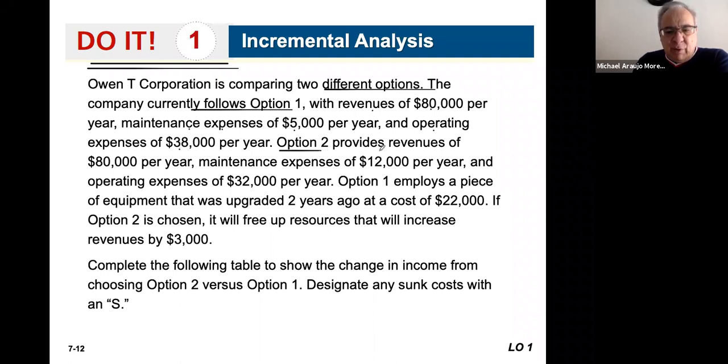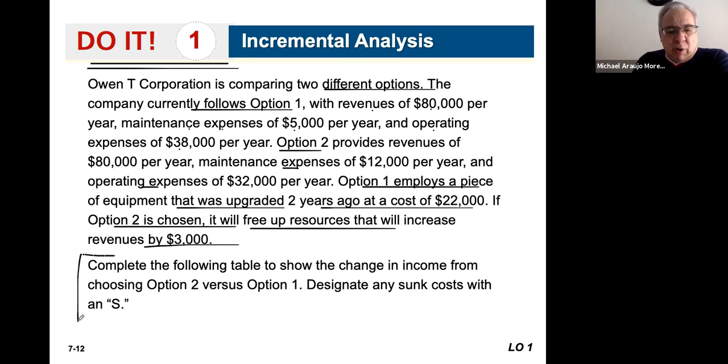Option two, however, would provide revenue of 80,000, maintenance of 12 per year, operating expenses of 32 per year. Option one employs a piece of equipment that was upgraded 2 years ago at a cost of 22,000. If option two is chosen, it would free up the resources that will increase revenue by 3,000.